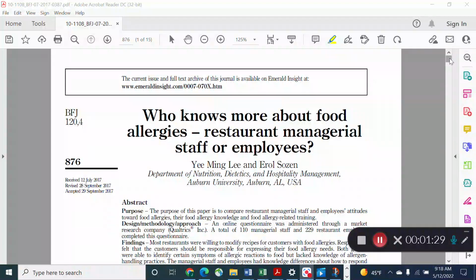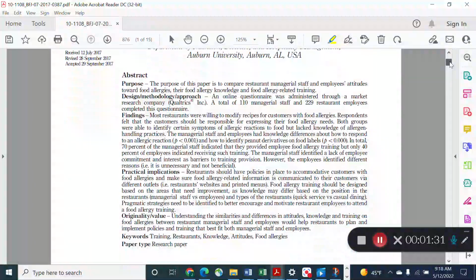The next thing we'll talk about in the article is the abstract. The abstract is very important because it does give the reader a very short synopsis of the research itself. You can see in this case that the abstract is very, very specific and long. Some journals actually put limits on the length of the abstract.